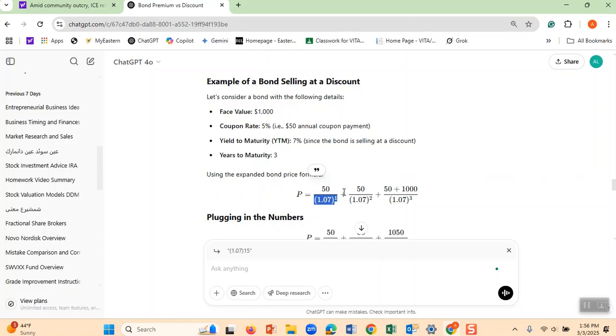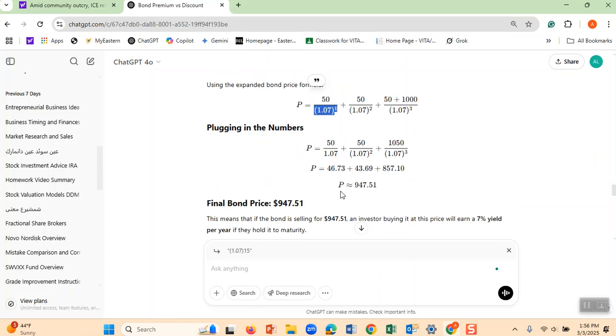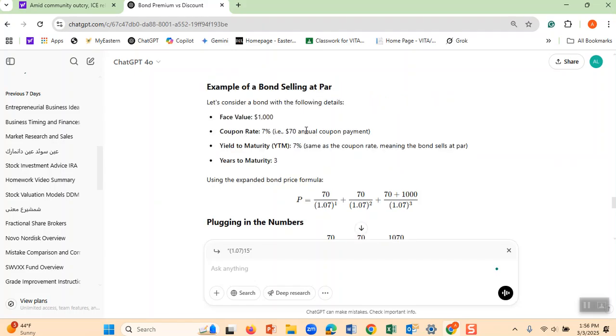You know why? Imagine they bought it at the beginning for $1,000. Let me find the one which was for 1,000. This one was for 1,000. Look at here. An elderly, let's say a retired person, bought it for $1,000. Why did he or she buy it? Because of this $70 coupon payment that they were going to get.